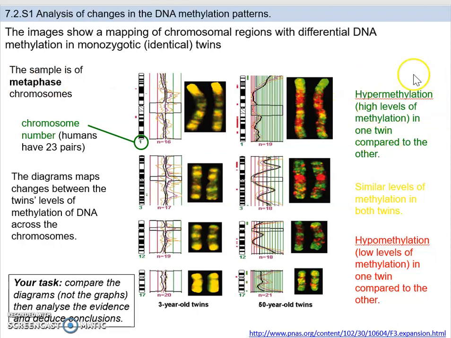The green here is showing that we've got hypermethylation. The red is showing that we've got hypomethylation, very low levels of hypo. And we're looking here at chromosome number 23, I think. But as we go through these links, we're looking at different chromosomes, and we're also comparing different identical twins.